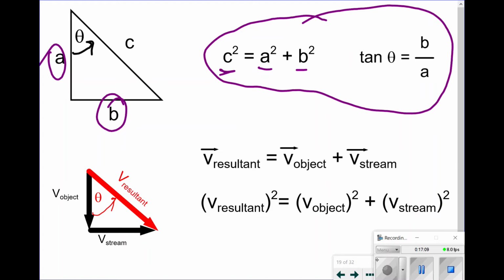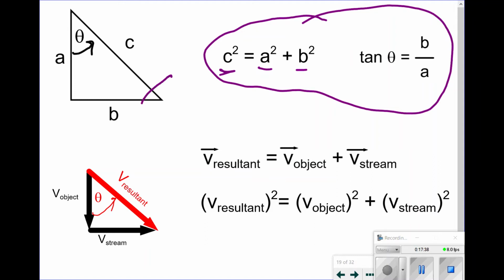people will get their angle wrong when dealing with their tangents because they have inverted the two sides. And that's because, again, they didn't draw out their triangle. And so sometimes they will have the opposite where the adjacent should be and vice versa. For example, if I had this triangle and I was looking for the theta up here in the top corner, tangent is b over a.